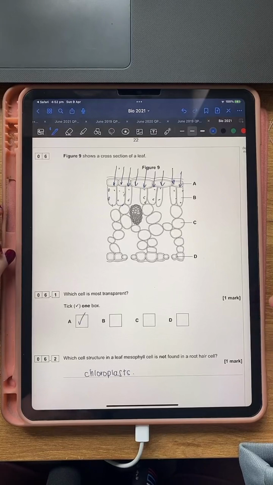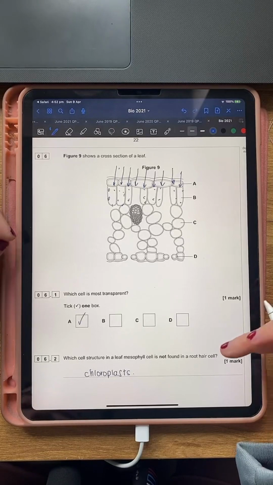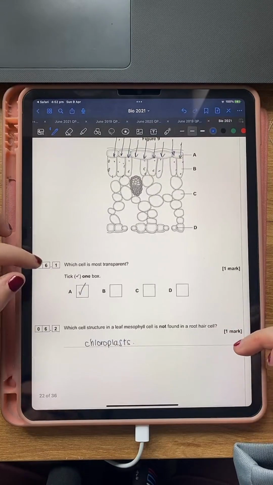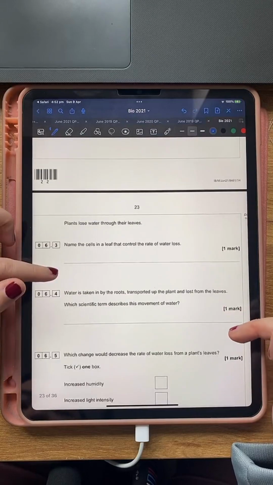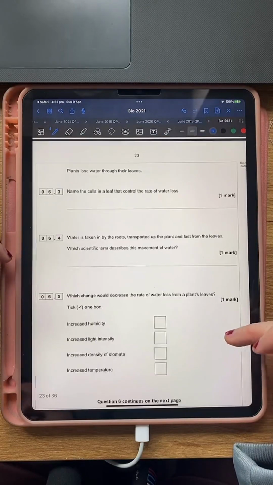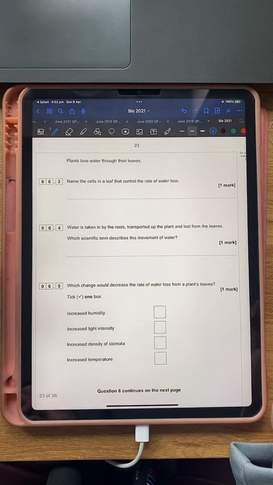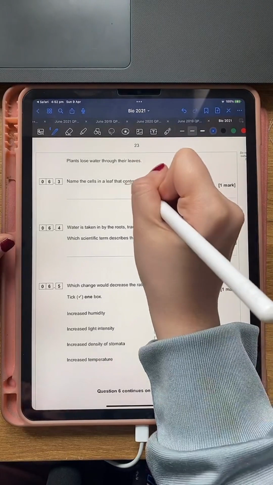Plants lose water through their leaves. Name the cells in the leaf that control the rate of water loss. Guard cells, that's right. The guard cells guard the stomata. The stomata opens and closes. It's literally the gap that opens and closes.